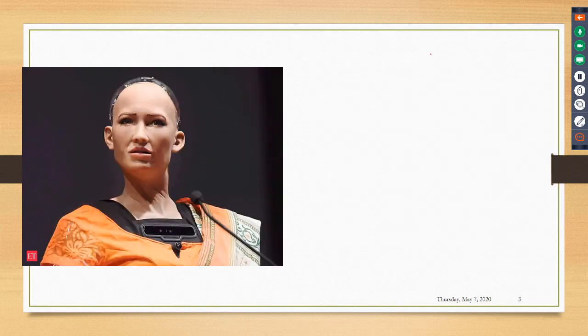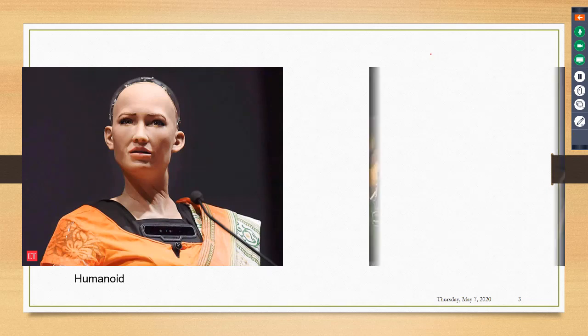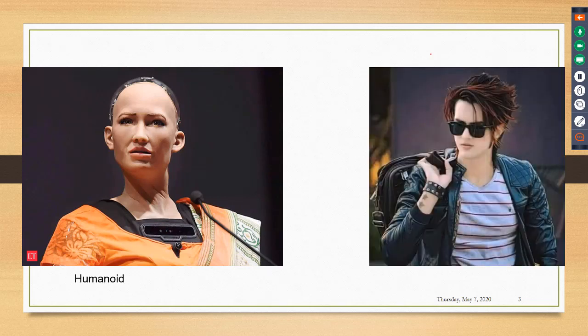In our recent development, if we see the robot Sophia, she is one of the great inventions of human beings. But if we compare this humanoid with a real human, it is not at all at par with the real human, because human is, finally, if we come to the conclusion, the development of God, the absolute.